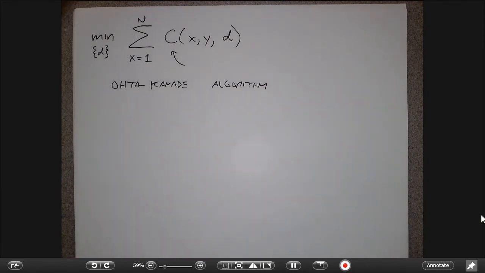That means that there's really nothing that forces the scan lines to agree, and that's a problem, right? Because whenever you go scan line to scan line independently, you run the risk of getting, like I said, these streaky artifacts in the stereo map where the disparities at one scan line don't really match up very well with the disparities in the next scan line.